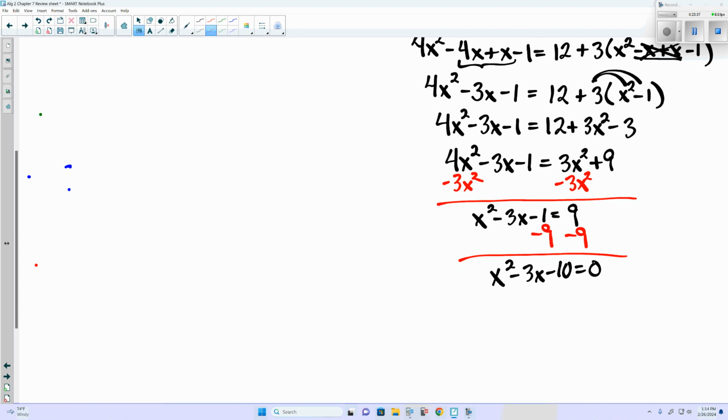That works. Combining like terms. Questions on how we got to this point here?